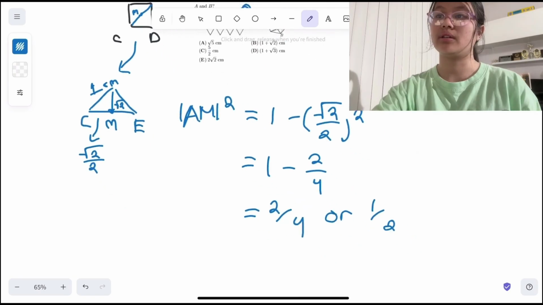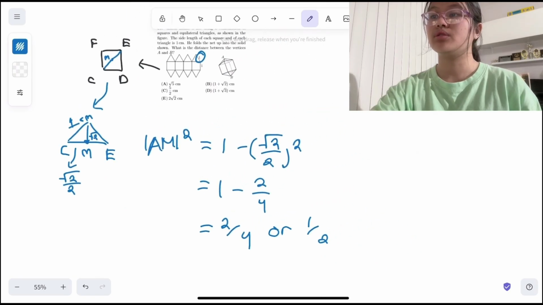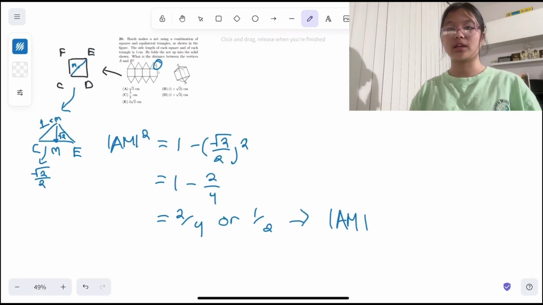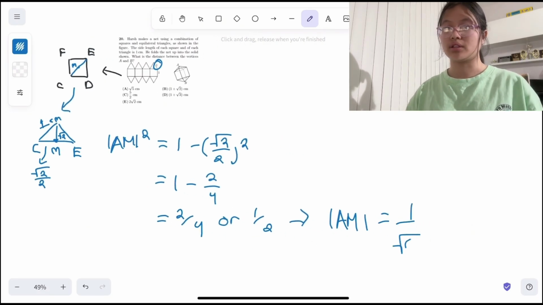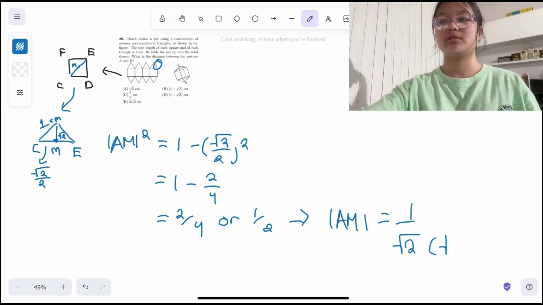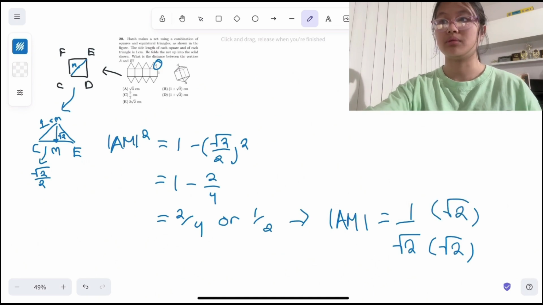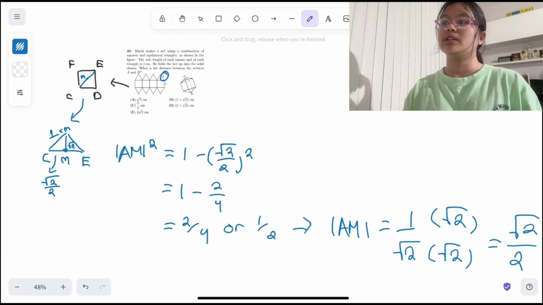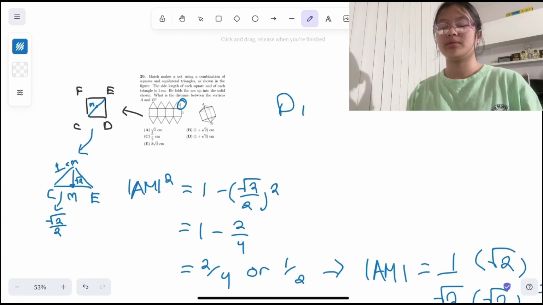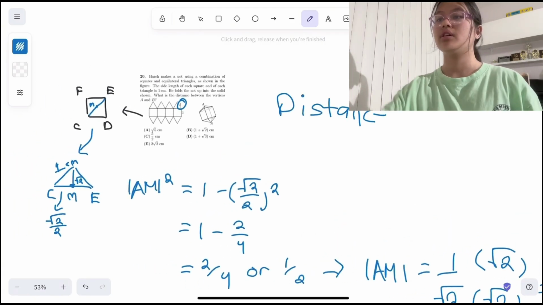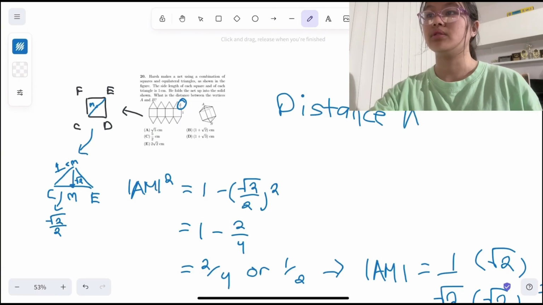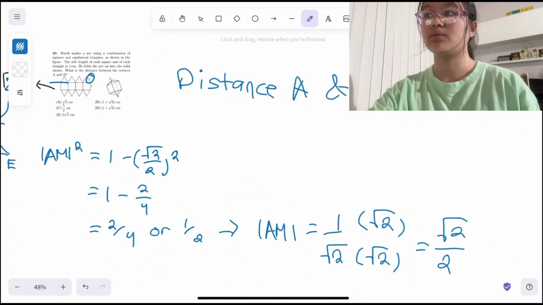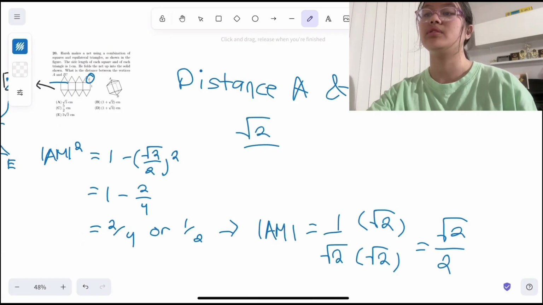So now AM would equal 1 over square root 2, and to get the square root 2 on the top, we can multiply square root 2 on both the denominator and the numerator. So that will get us to square root 2 over 2. So now, to find the distance between A and B, we can get square root 2 over 2 plus 1 plus another square root 2 over 2.